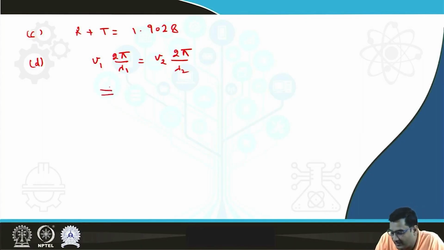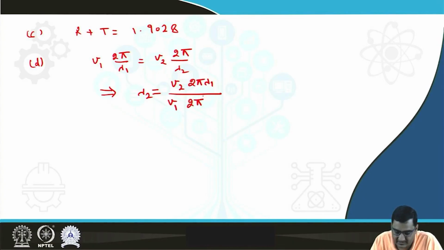So this will imply lambda 2 will be equal to V2 into 2 pi lambda 1 divided by V1 into 2 pi, and this will give you V2 by V1 into lambda 1, and that will come out to be 0.1323 meter.